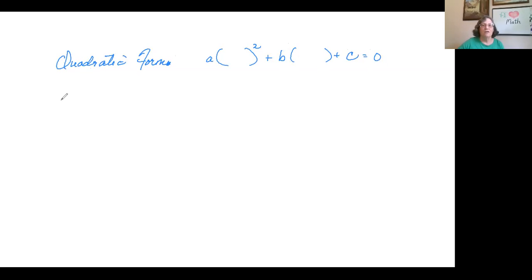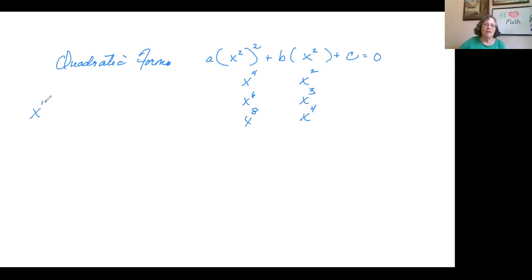For instance, what if this had been an x squared? And this would be an x squared. So suppose we had an x to the 4th and an x squared. Or we could have an x to the 6th and an x cubed. Or x to the 8th and x to the 4th. Anytime this exponent is double this exponent, it's a quadratic form.